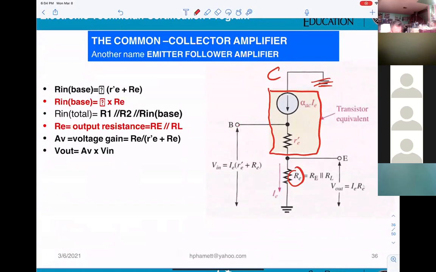And also they give you R in. That means the input impedance will be R1 parallel with R2 and also parallel with R in at the base. That means you have to calculate the R in at the base, from the base to the ground. And when you need to calculate the gain, it will be equal to small re divided by R prime E plus small re.